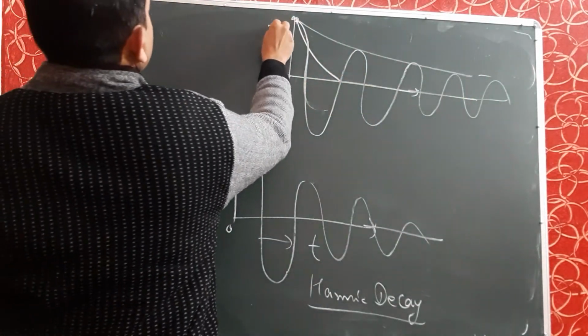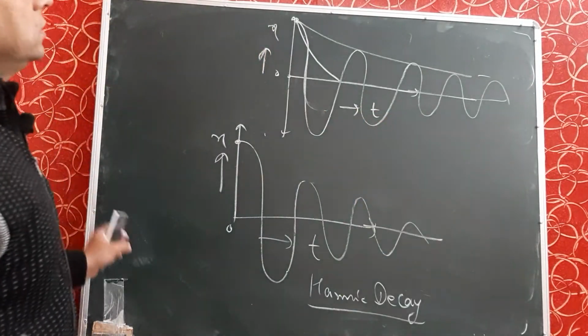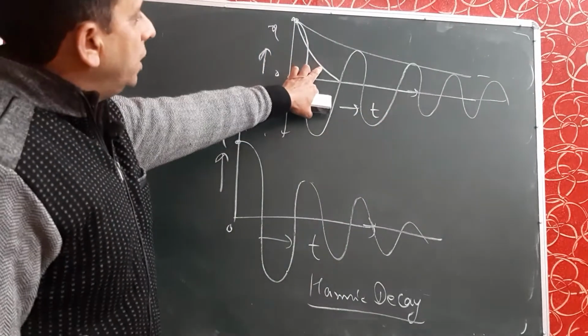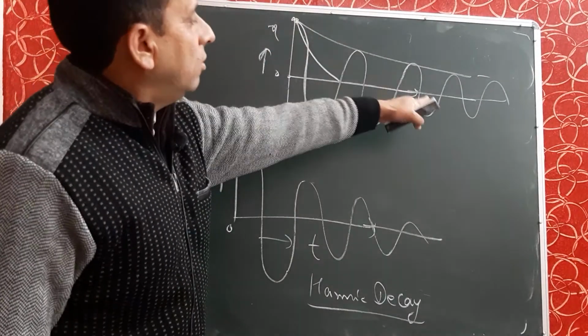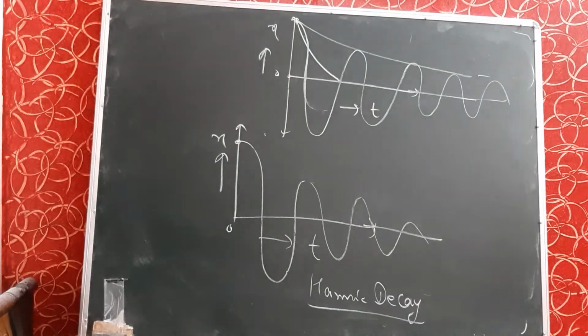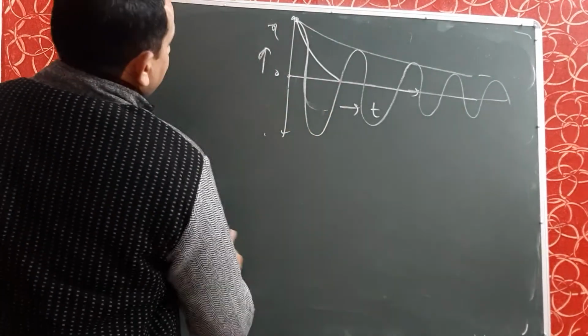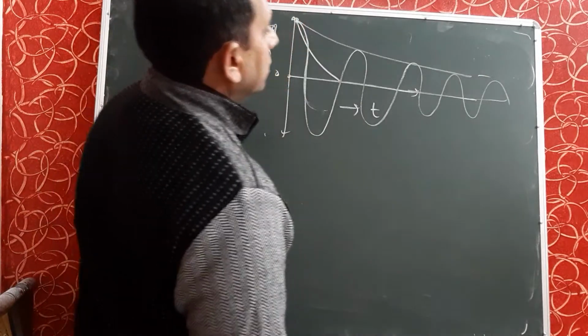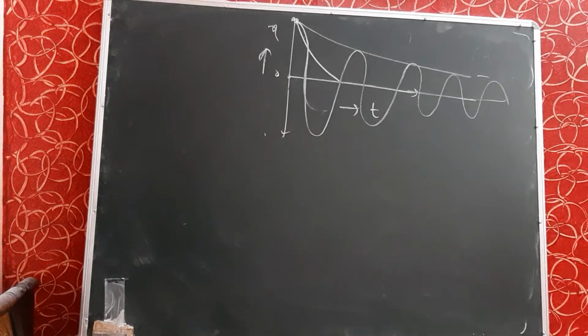So, it is a combination of all 3 graphs: heavy damping, critical damping and harmonic damping or light damping. And the third case is more important as compared to the first and second because it is oscillatory damping. So, this is all about the damped mechanical oscillator.